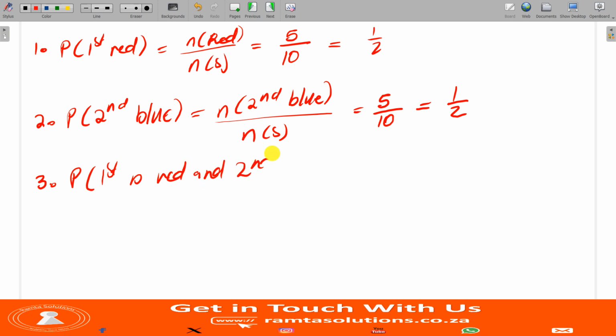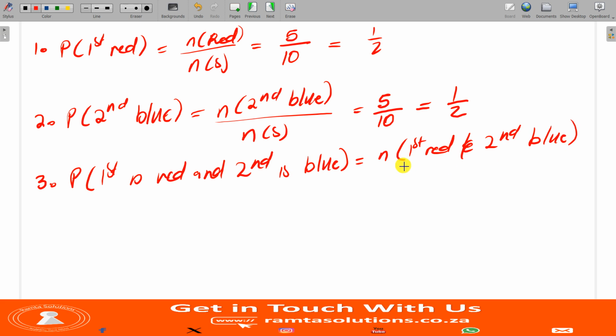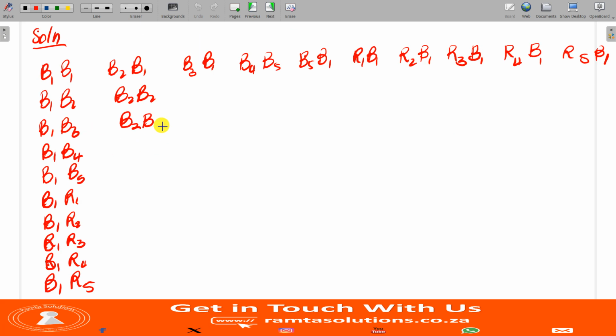Now, number 3, we're saying the probability that first is red and second is blue will be first red and second blue over sample space. Now we're going to try this with the diagram that we drew. Remember, we didn't have time to write all of them. So let's see. First ball is red, right?